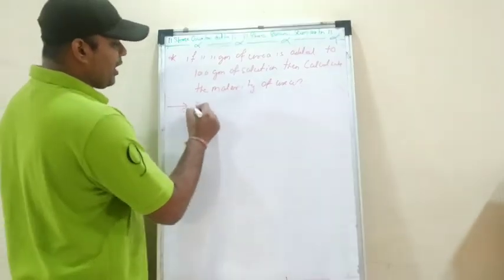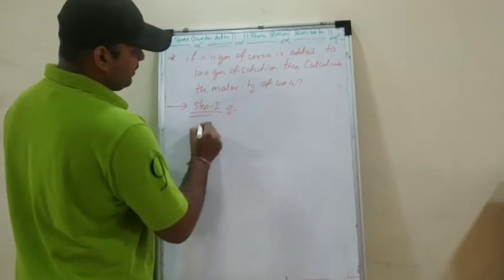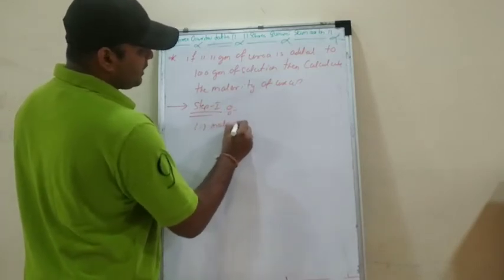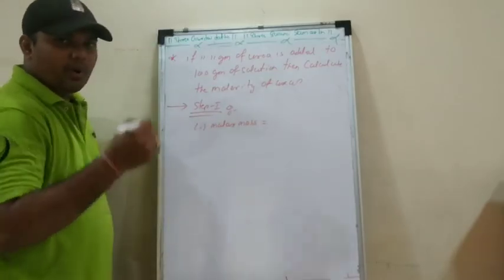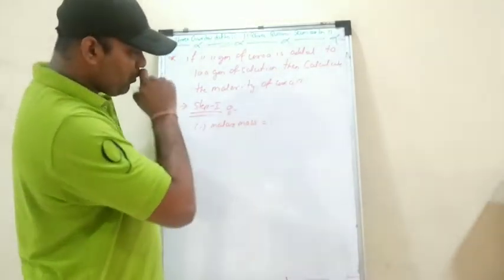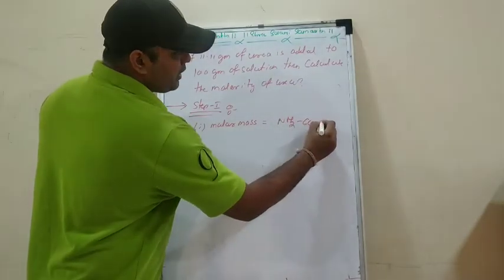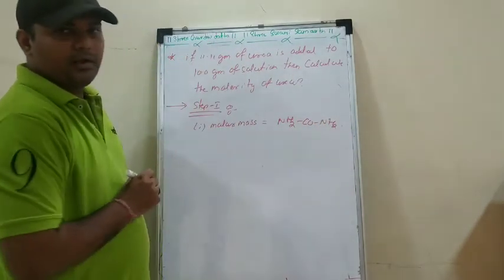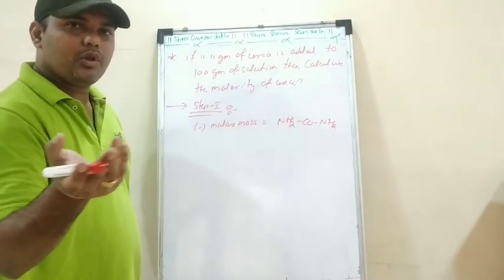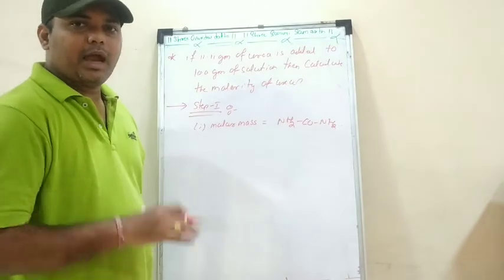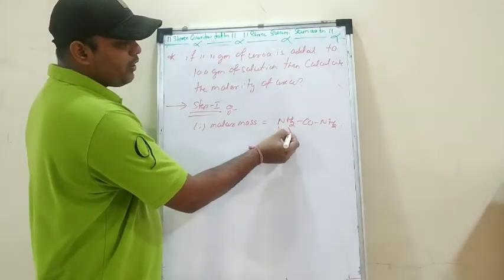So step number 1, we will calculate the molar mass. Simultaneously you can note it down, molar mass of urea. Now what is the molecular formula of urea? NH2CONH2, right? Now let's calculate the molar mass. How to calculate the molar mass you all know. In 11th standard I had taught you how to calculate it. See, we have to add all the atomic masses.